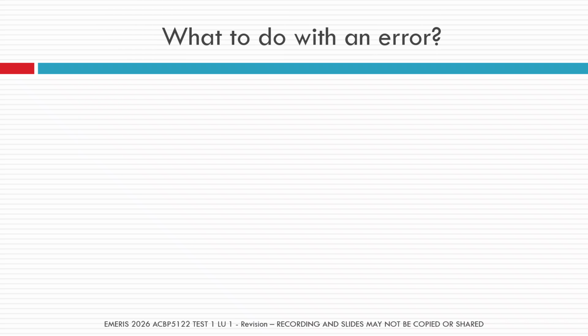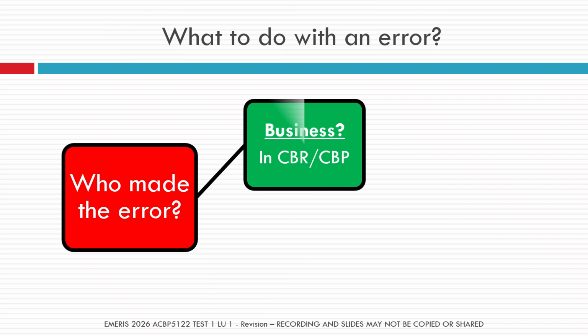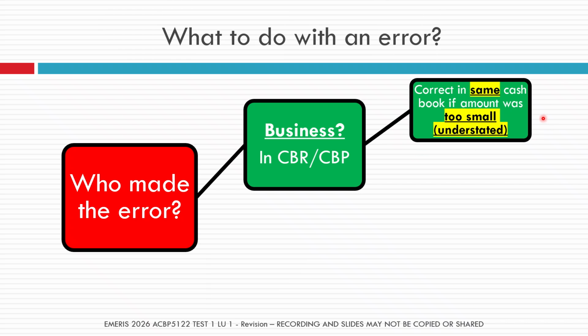So when it comes to errors then, we first have to ask ourselves a question. We have to say who made the mistake and where was this particular mistake made. So if it was the business that made the mistake, either in the cash book receipts or the cash book payments, then we have a second question to ask ourselves.